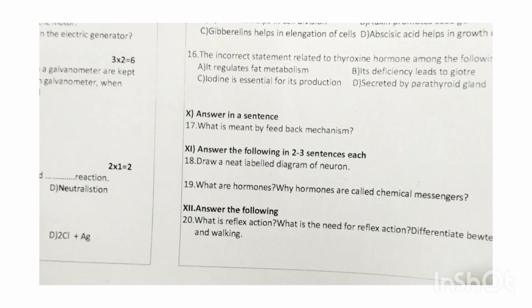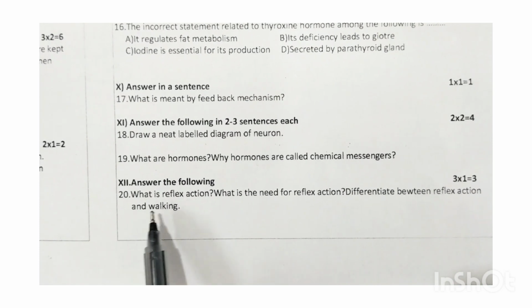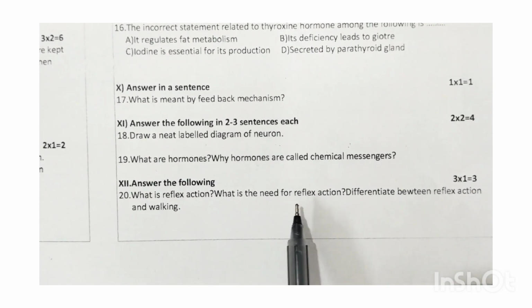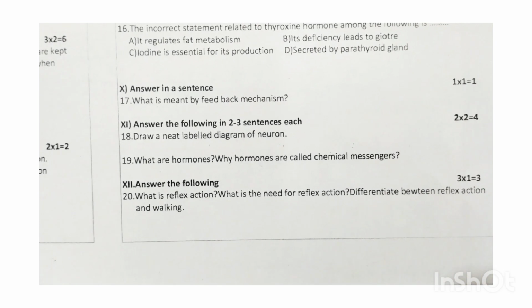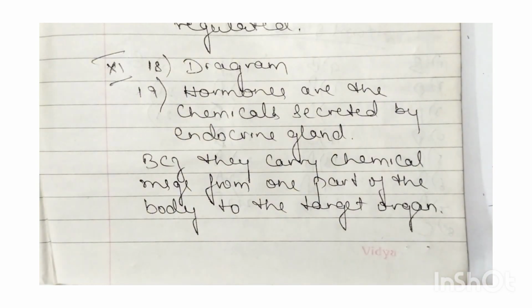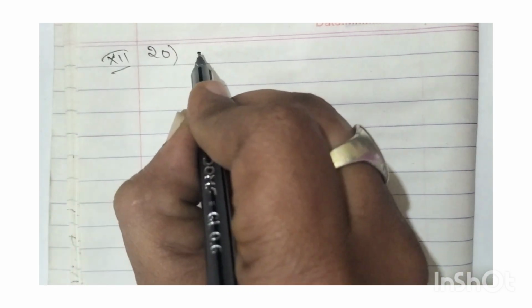Now let us move to the 20th question. That is, what is reflex action? What is the need for reflex action? Differentiate between reflex action and walking. So let us answer the first one. We are answering for 12th main, that is the 20th question. What is reflex action?